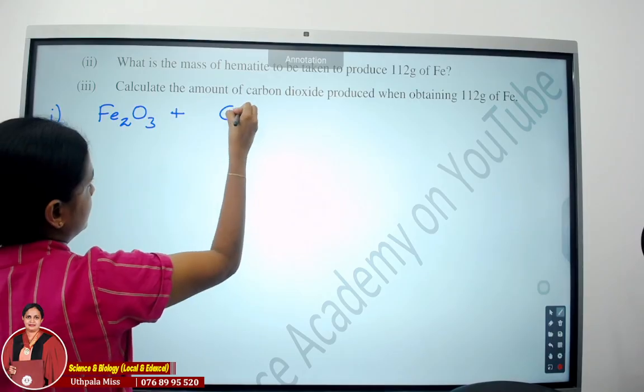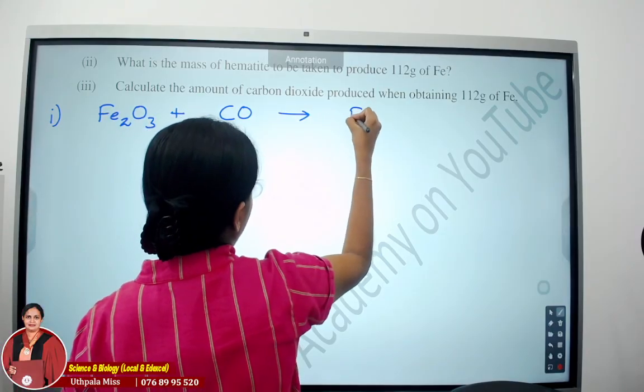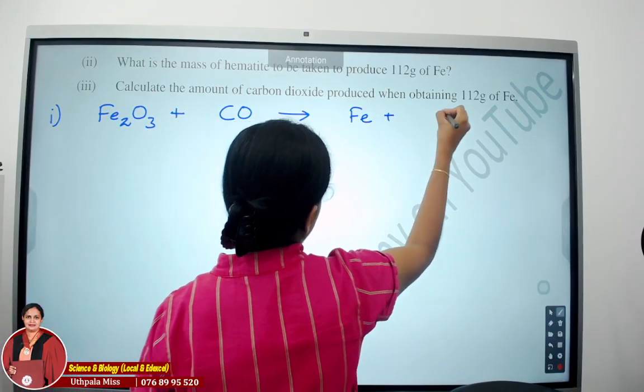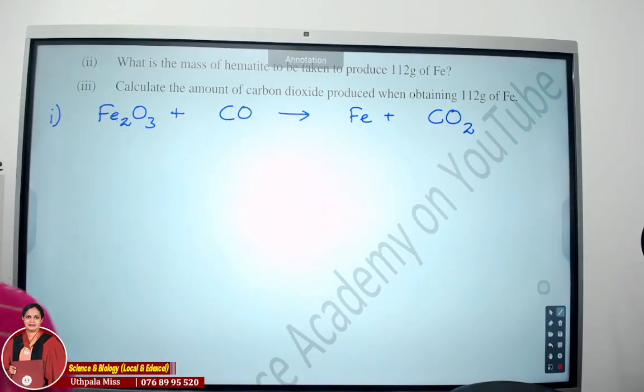Hematite reacts with carbon monoxide, forming iron and carbon dioxide. So you are asked to balance and rewrite the equation. Yes, write it down.